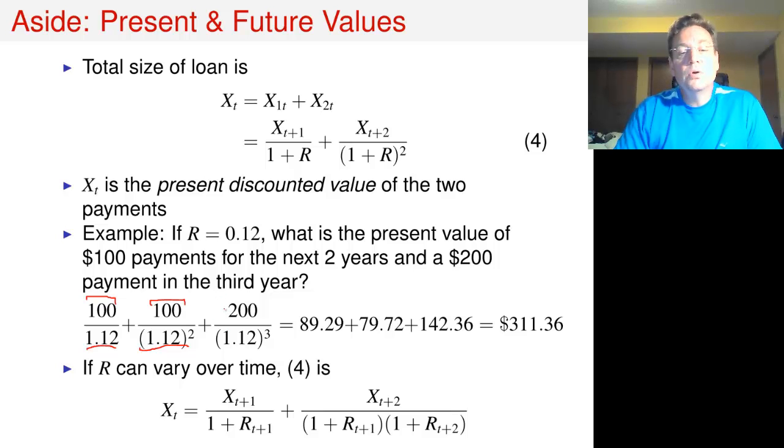The $200 payment 3 years from now, you divide by 1 plus R cubed. You figure out what those equal, and the present value of $100 next year, $100 2 years from now, and $200 3 years from now is $311.36.